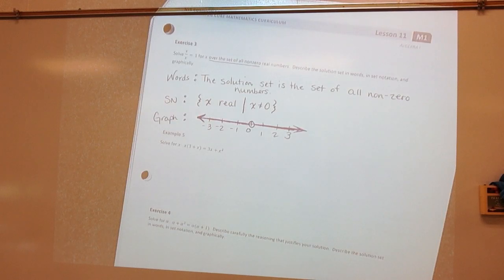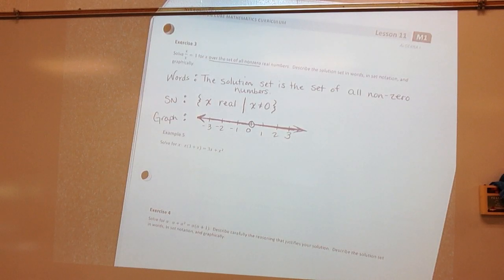Even 0. I can put 0 in there, and it's going to be true. I can put any negative number in there. It's going to be true. I can put any positive number in there. It's going to be true. So if I were to graph this, I would just shade the whole entire number line.